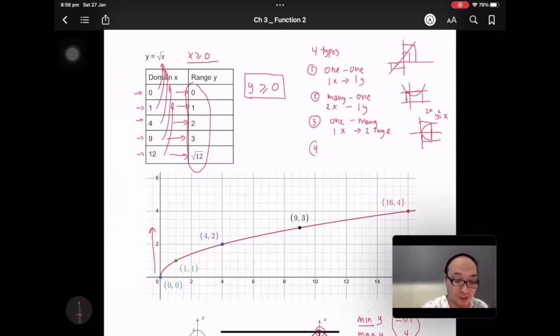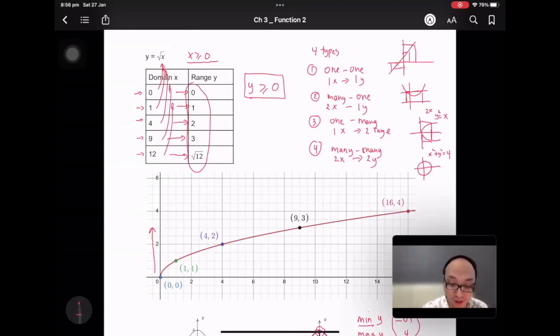And the fourth one is many to many relation. That means more than one x, more than one domain, matched with more than one range. The example is the circle, x squared plus y squared equals 4.